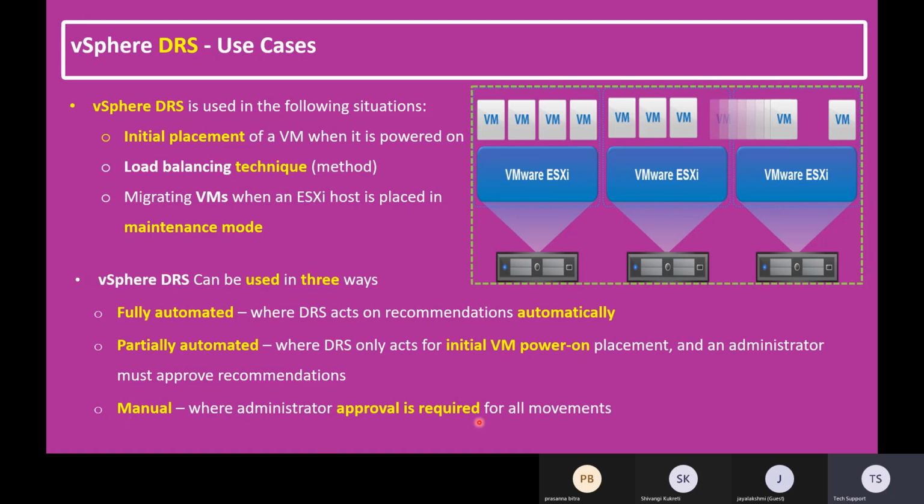Manual means we have to migrate the VMs manually. Partially automated means only some areas are automated, and for the remaining we have to approve recommendations manually. Fully automated means DRS applies recommendations automatically. Usually customers go for the fully automated feature, but in some cases we may go for partially automated or manual. Okay, this is about the DRS use cases.